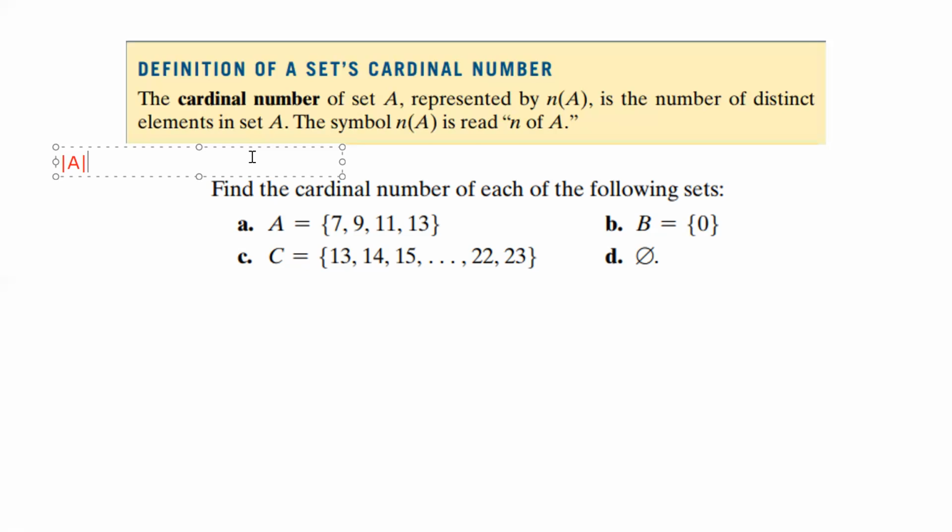And then for C, we could sometimes have it listed out kind of poorly like this with dots. So we might have to be a little bit clever about how to calculate the items in the set. We could count up and go 13, 14, 15, and keep track maybe with a tally or something like that.